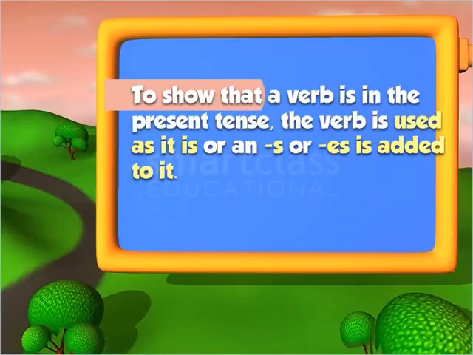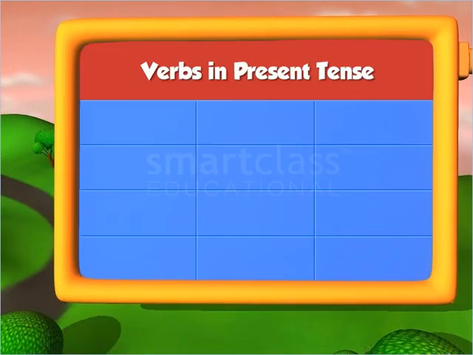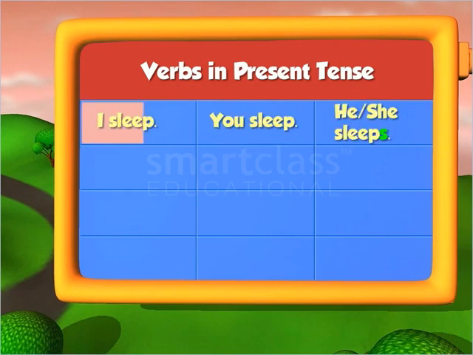To show that a verb is in the present tense, the verb is used as it is, or an S or ES is added to it. Here is the table showing some examples. I sleep. You sleep. He or she sleeps.